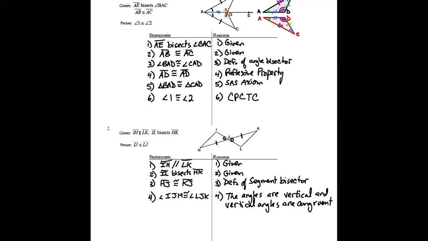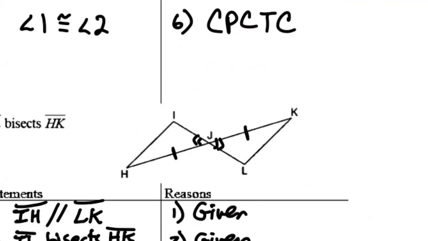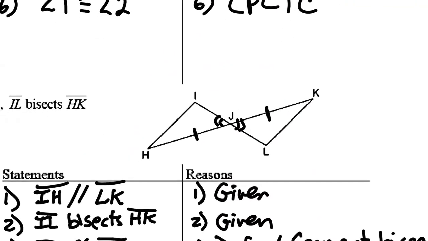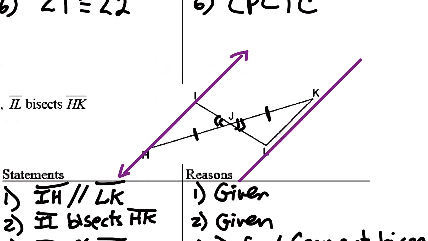All right, so it's just kind of hard to see, on many levels, diagram wise, but also just by the nature of the structure. But if we imagined that these line segments were part of a bigger diagram, where you had two actual parallel lines that were cut by a transversal, it might be a little easier to see.